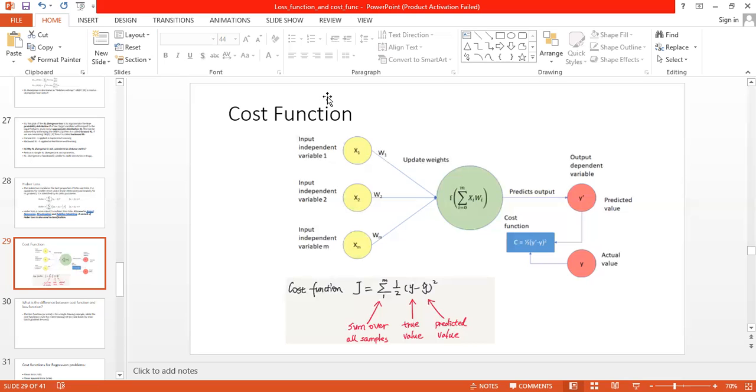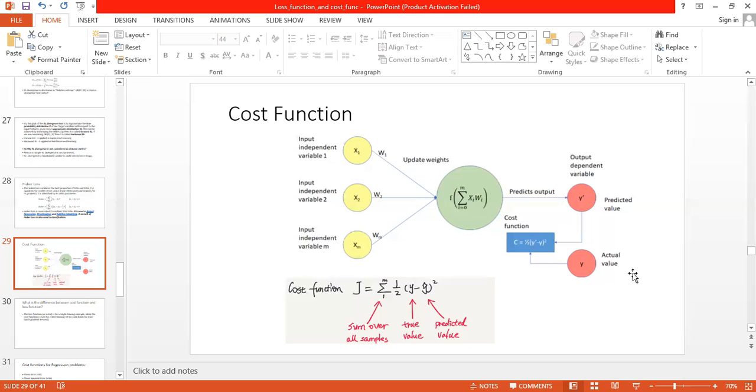You know that the loss function and the cost function are very similar to each other, but there is a minor difference between them. The cost function is also used to calculate the error, but in the cost function we are summing up all the loss functions. For one training example, calculating the error between the predicted value and the actual value is called the loss function.